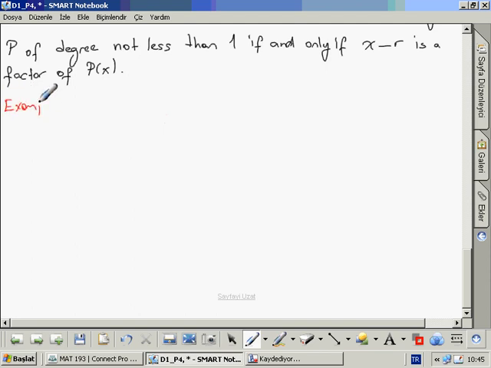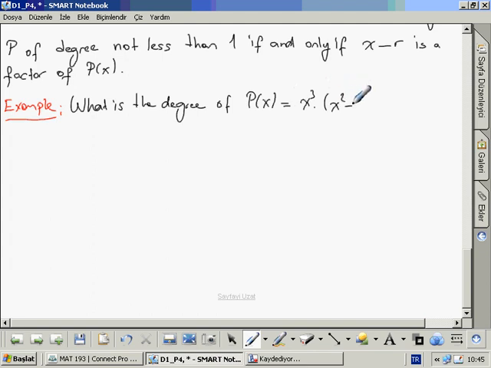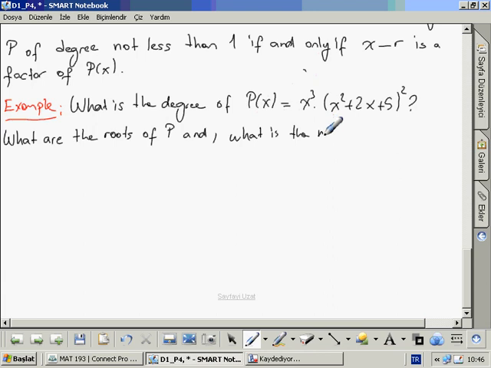Example: what is the degree of p of x equals x cubed times (x squared plus 2x plus 5) squared polynomial, and what are the roots of p, and what is the multiplicity of each root.